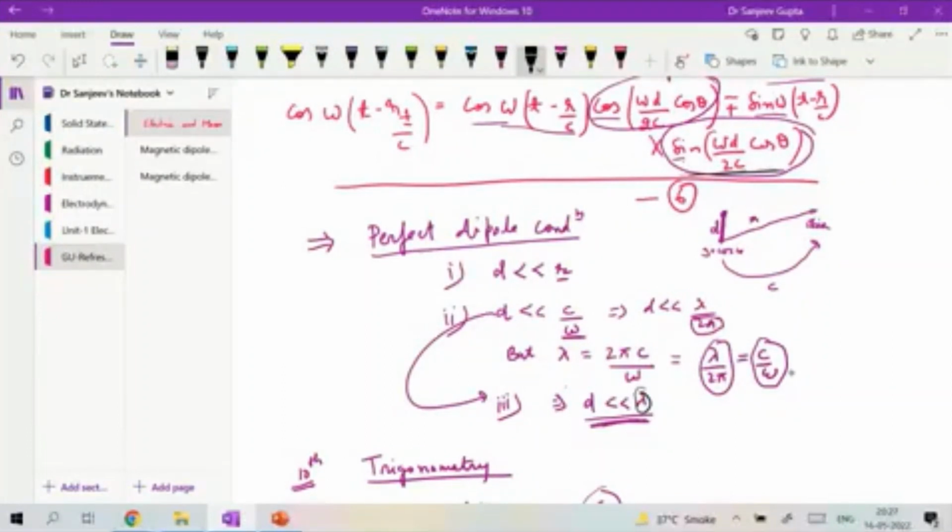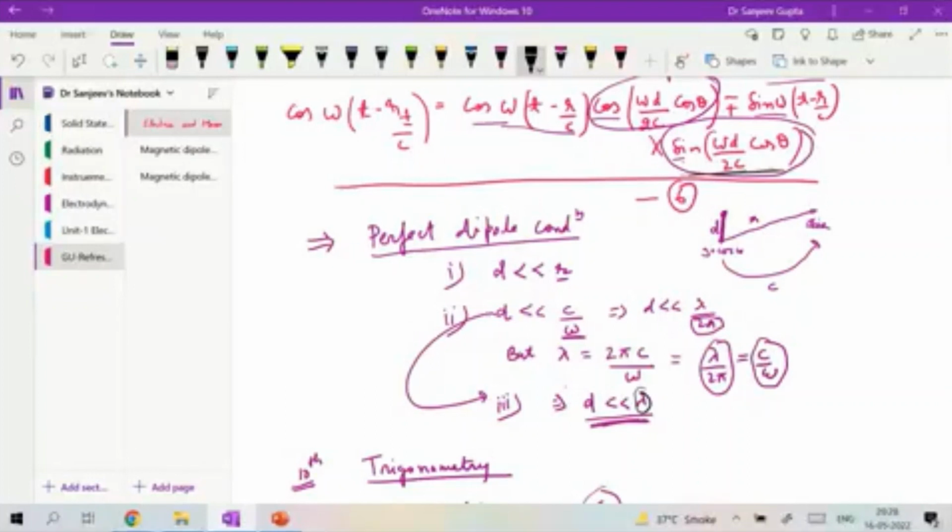We can write c by omega, and we have the relation lambda is equal to 2 pi c by omega, so c by omega can be changed to lambda upon 2 pi. Therefore d is very small as compared to lambda, which means your wavelength should be very high as compared to d.